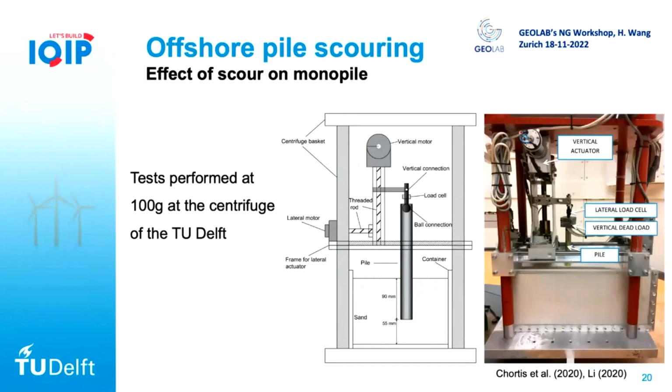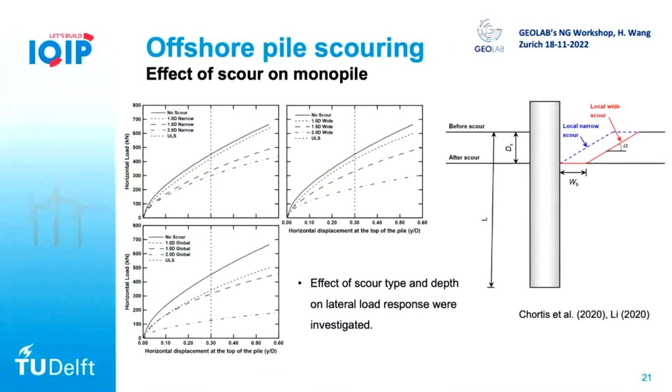And here is basically the setup we are using. We have a loading system, and the pile has a length of around 90 millimeters and a diameter of 18 millimeters. It's a very typical monopile with a typical aspect ratio. Here we studied different kinds of scour conditions.